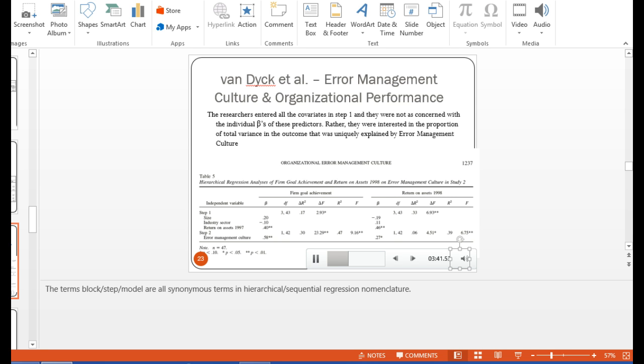And they had a few predictors, or covariates, that they were looking at. The size of the organization they thought would matter for org performance. They thought the industry sector might matter, and I'm not sure how they coded that. I'd have to go back and look, but we'll talk more about coding later anyway. And finally, return on assets in 1997.